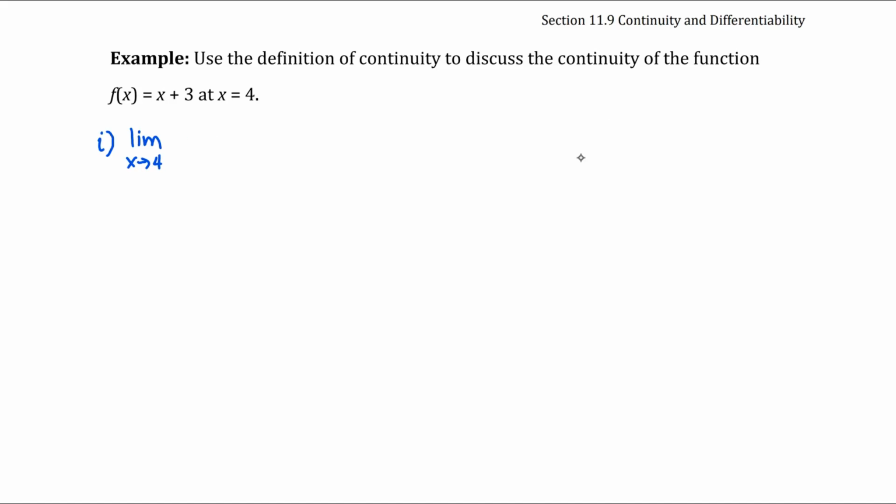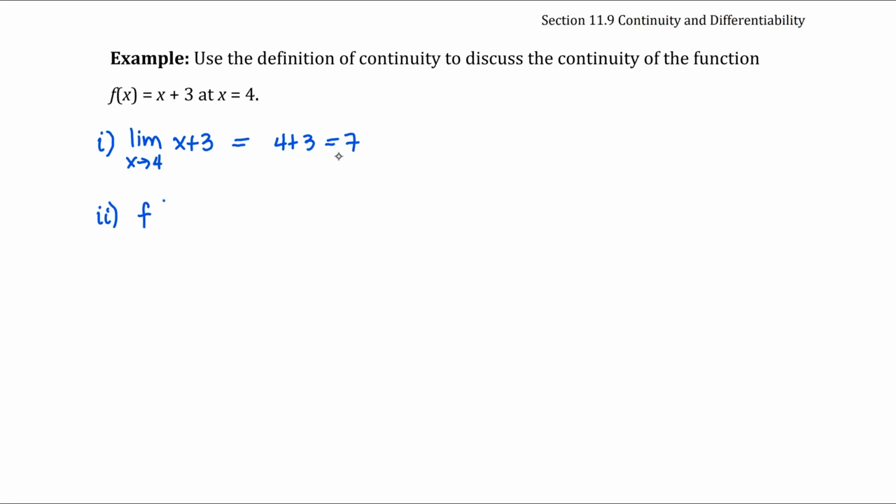The function is defined as x plus 3. The limit of x plus 3 as x approaches 4 is equal to 4 plus 3, which is 7. So the limit exists.